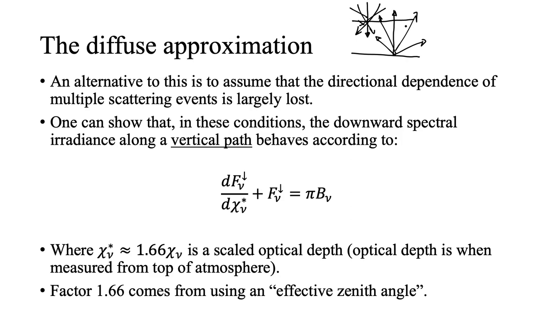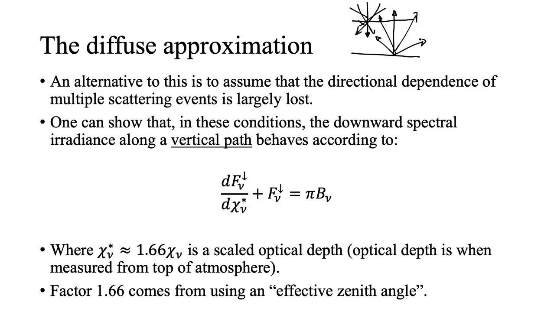So if you want to resort to this approximation, you need to modify the value of the spectral radiances in order to account for whatever is lost.